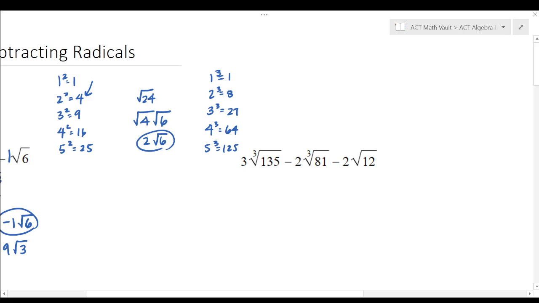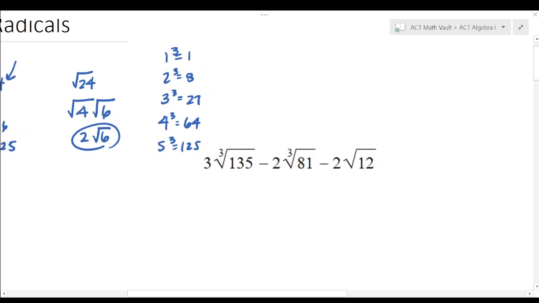With cube roots, so this has a cube root part as well as square roots. We do need to make sure that we combine the like terms again. So I'm going to simplify the cube roots and see if I can get anything to match. So 3 comes down, it's there for the ride.